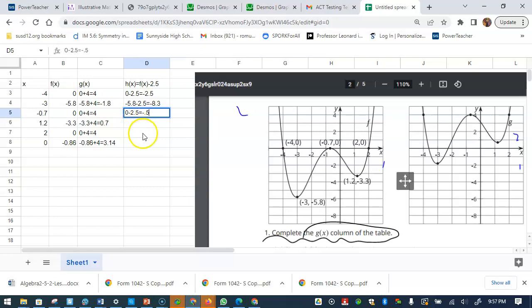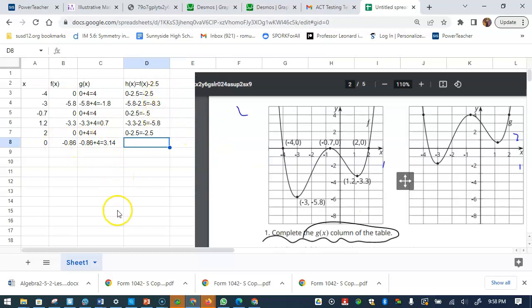Even this also will be the same thing, 0 minus 2.5 equals minus 2.5. This one was minus 3.3, so it is minus 3.3 and then again minus 2.5, and that will give you minus 5.8. And then this one was minus 0.8. They did not ask you there, so we are done here.